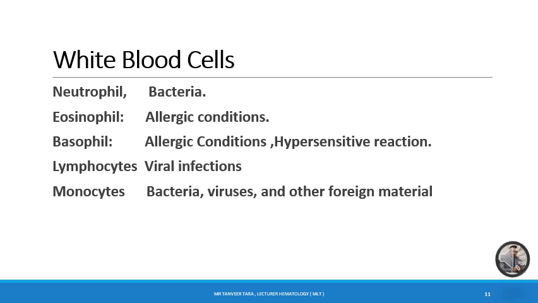Here we are discussing just the introduction to white blood cells, not the detail. It is enough to know that white blood cells have five different types: neutrophil, eosinophil, basophil, lymphocyte, and monocyte, and they have their own characteristics, morphology, and function.